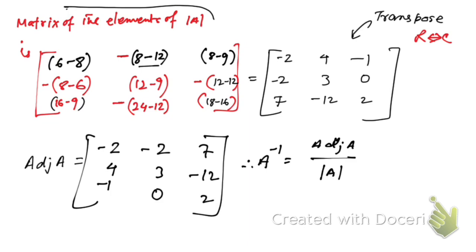So here the adjoint of A is this one, and the determinant of A we have got is 1, right?